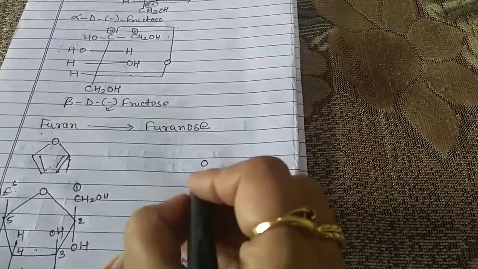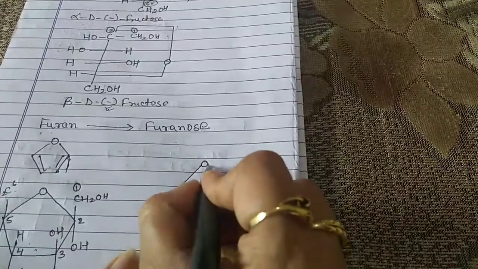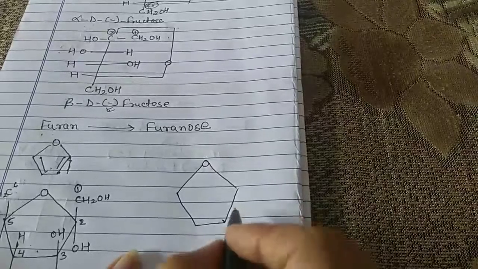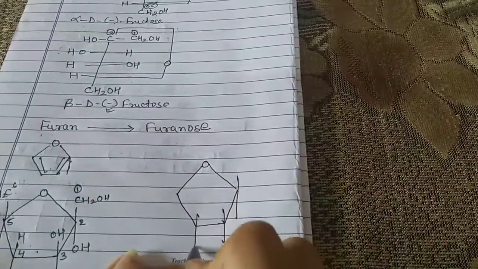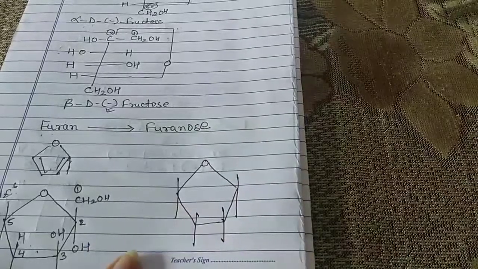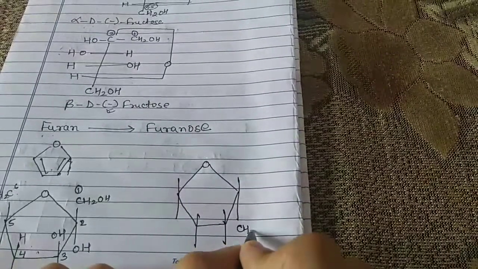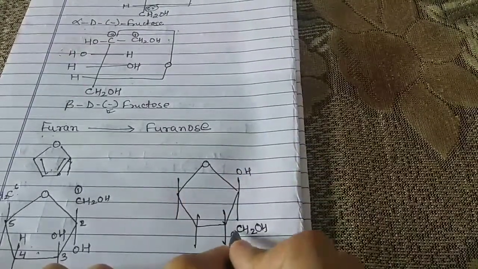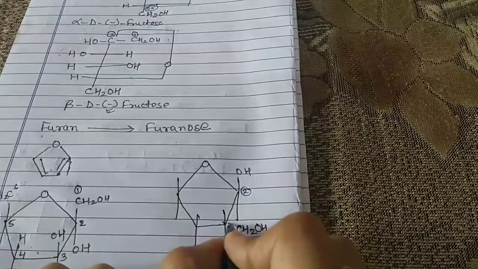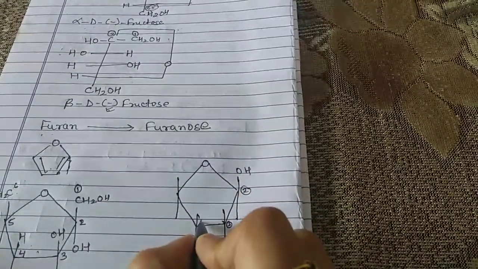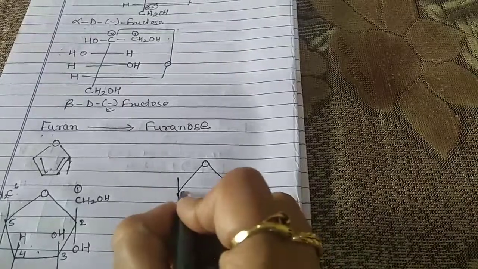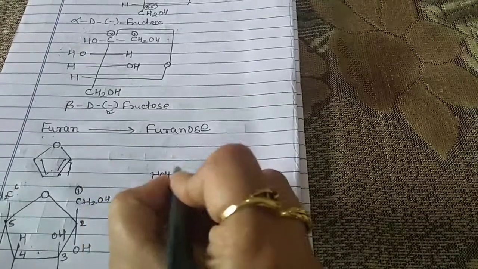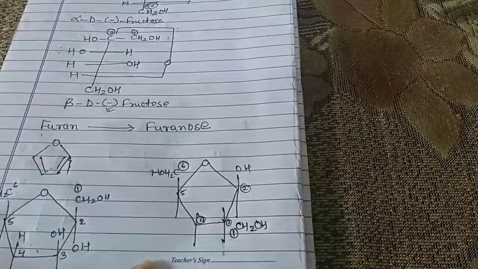Now let us draw the beta structure. So this is the oxide ring. Now here CH2OH, this one is OH, this is number 1 carbon atom, this is 2, this is 3, this is 4, this is 5, and at the last is CH2OH. This is the 6th carbon atom.